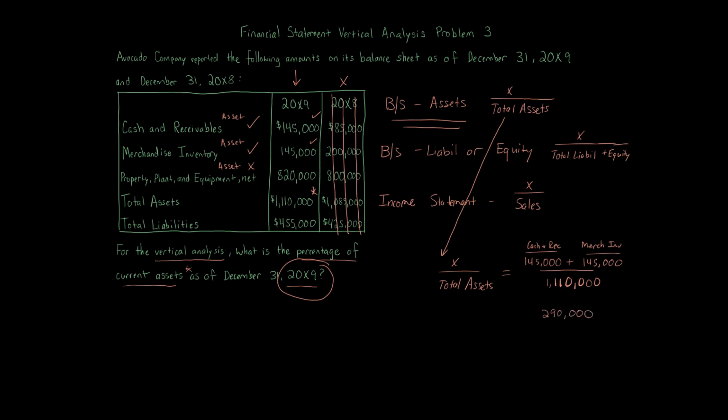So $290,000 over $1,110,000 equals 26.13%. So what is the percentage of current assets as of December 31st, 20x9? It's 26.13%. And we have just done the vertical analysis for the percentage of current assets as of December 31st, 20x9.